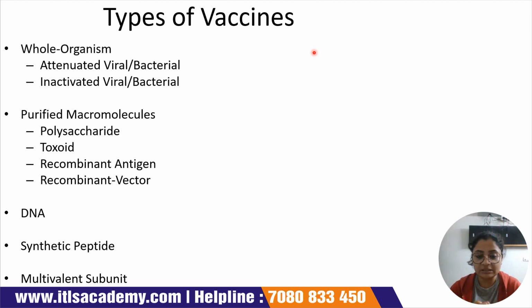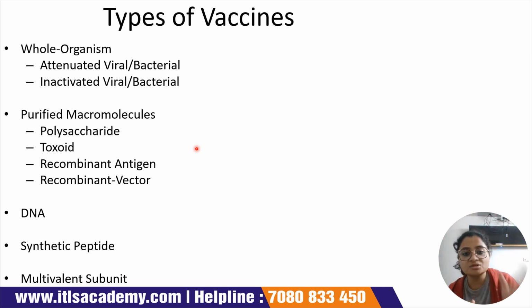That means inactivated. Then we have purified macromolecules. So it will contain different parts, like the capsid or the toxoid. Toxoid is particularly used in terms of bacteria. Recombinant vector, recombinant antigen, polysaccharide, meaning particular parts of the infective material are being used.